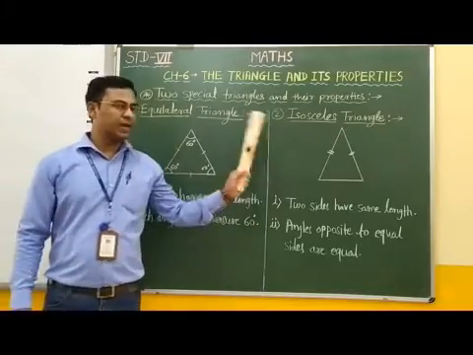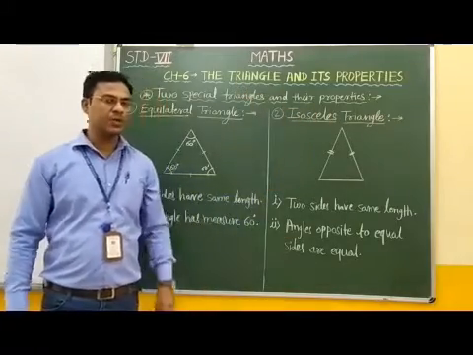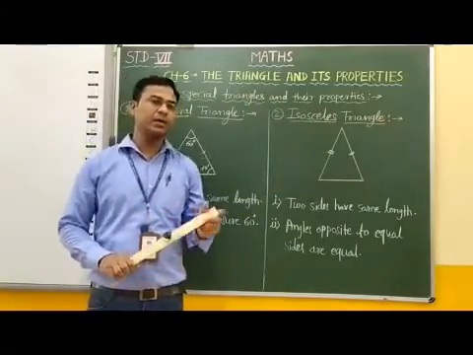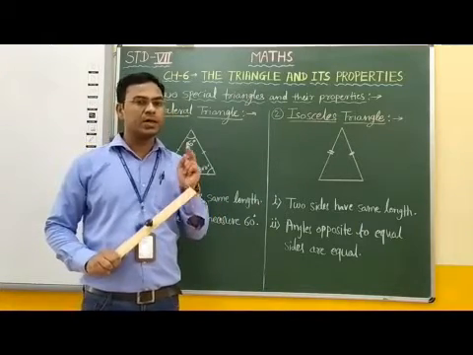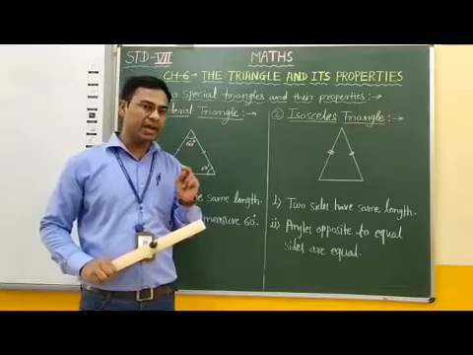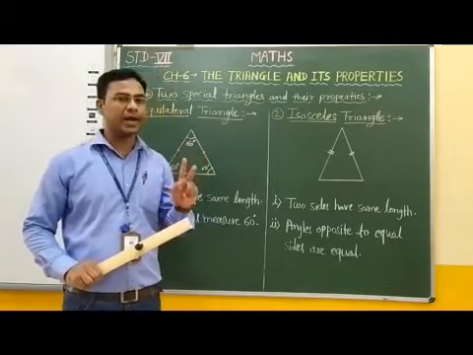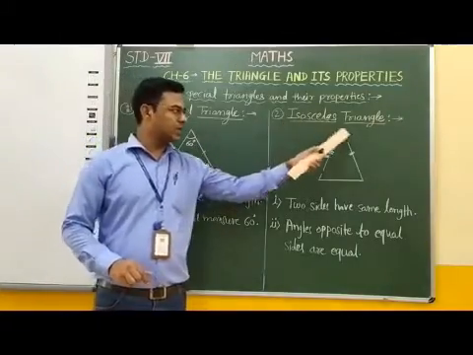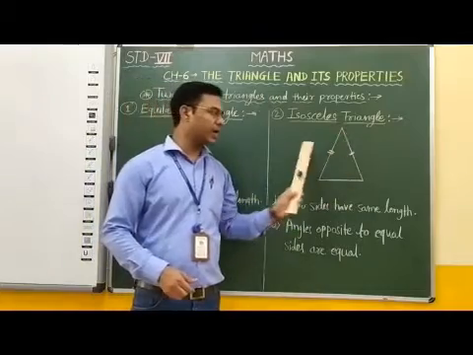Now, second triangle, isosceles triangle. Students, we know that if in any triangle lengths of two sides are equal, then the triangle is called isosceles triangle. Students, here I have drawn one triangle.